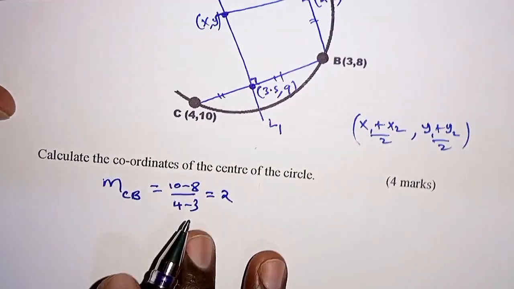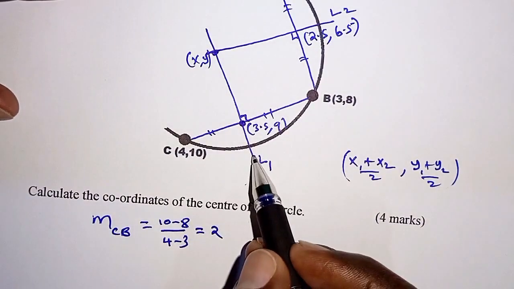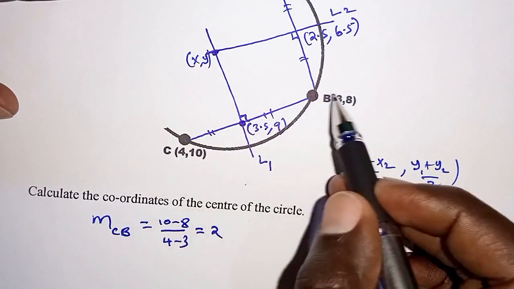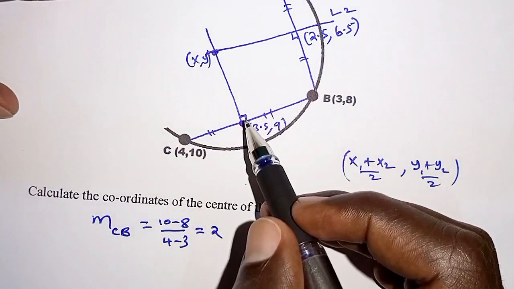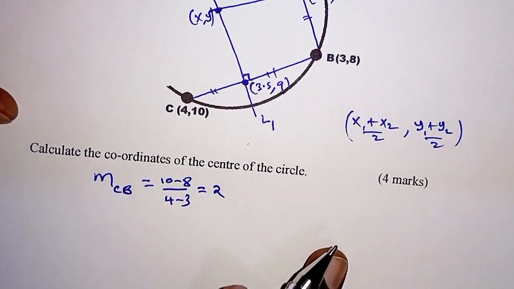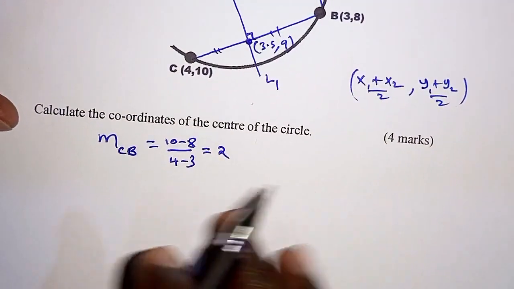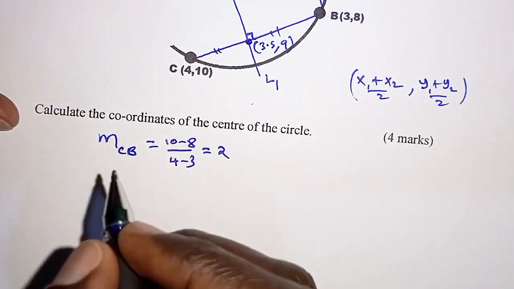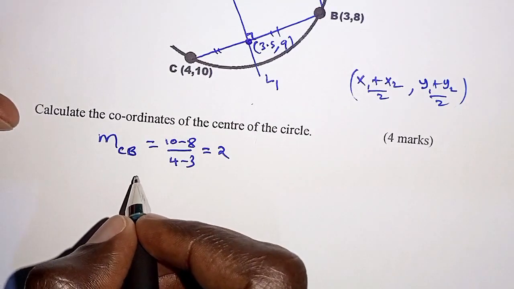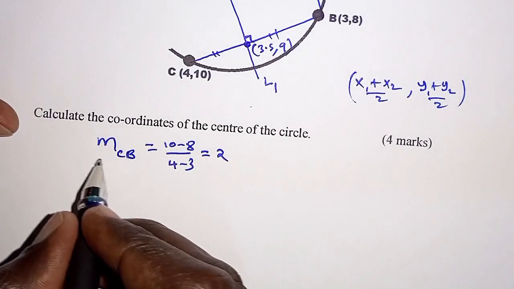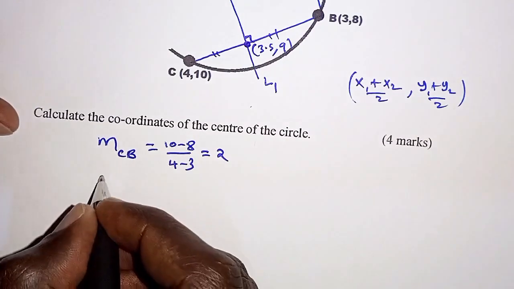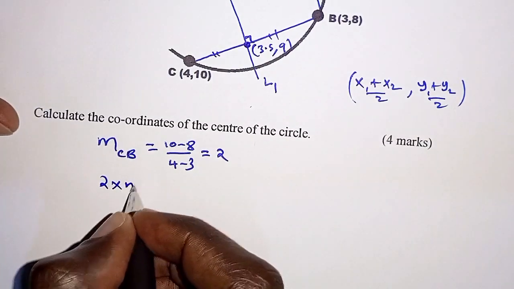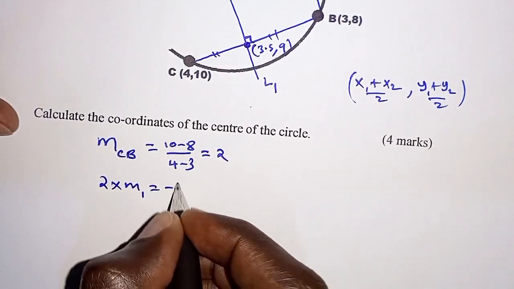Now, line 1 and line CB are perpendicular to each other, and we know that the product of the gradients of perpendicular lines will always be -1. So if we take the gradient of CB, that is 2, times gradient of line 1, that should be -1.